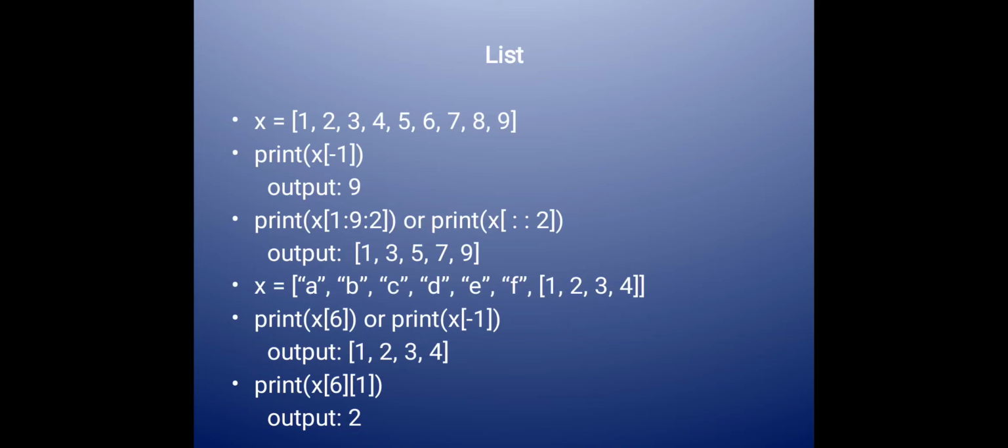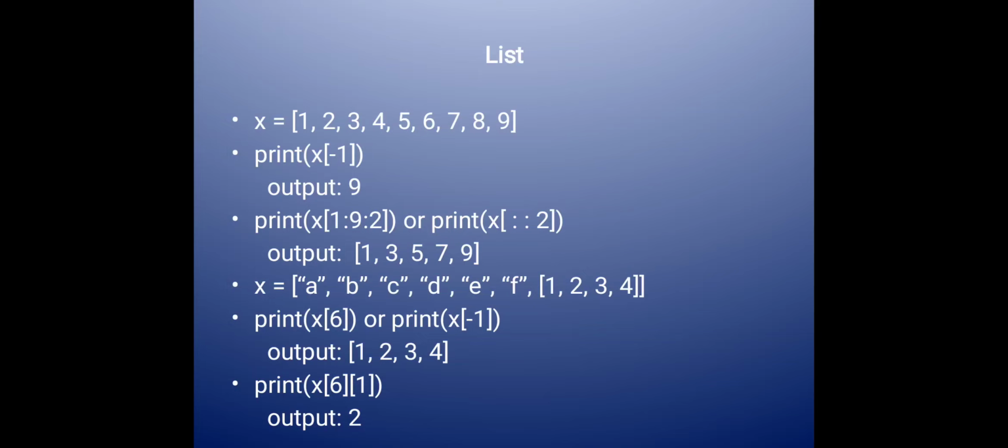We can also access the element of the nested list. That means here you can see print of x of 6, 1. That means x of 6 is a list 1, 2, 3, 4. Then we have to consider that 1 also. So it will point towards the 2 in that list.